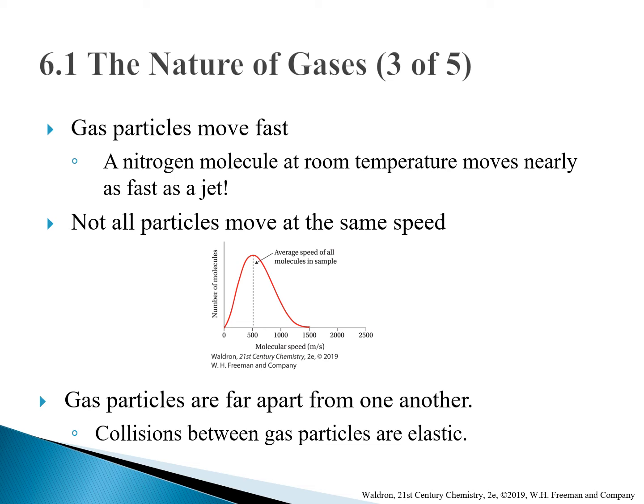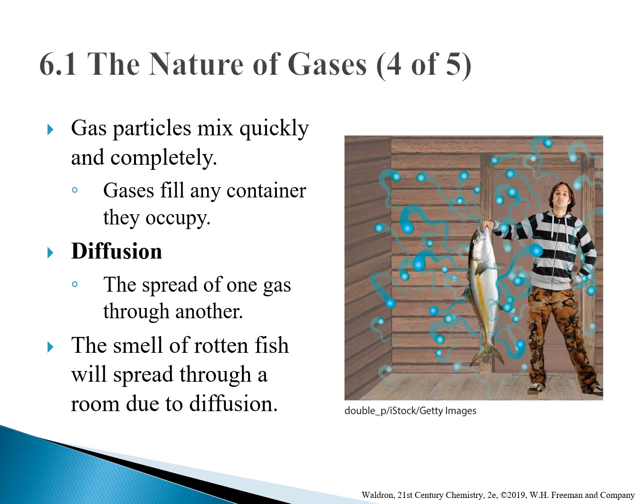We can think of the molecules in a gas as tiny, high-speed billiard balls that are in continuous random motion through space. Gas molecules move into every space available and completely fill any containers they occupy.